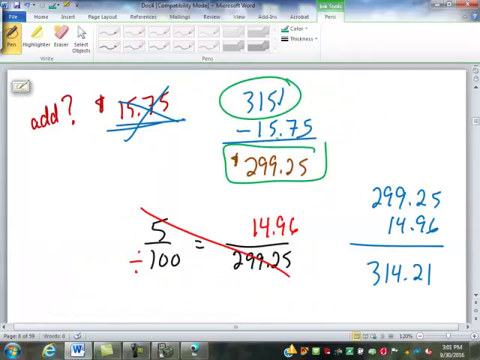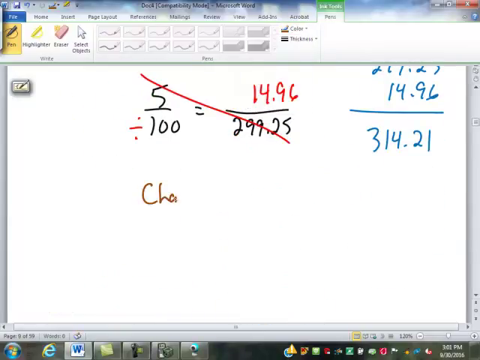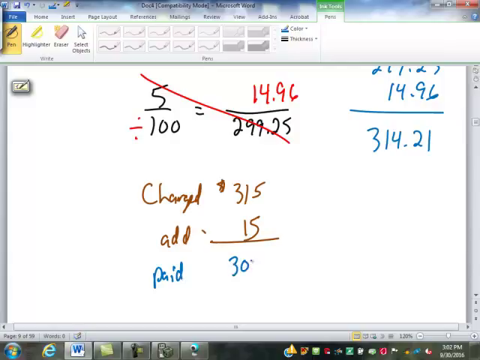So if we charge $315, if the amount he added was $15, that means he had to have paid $300.